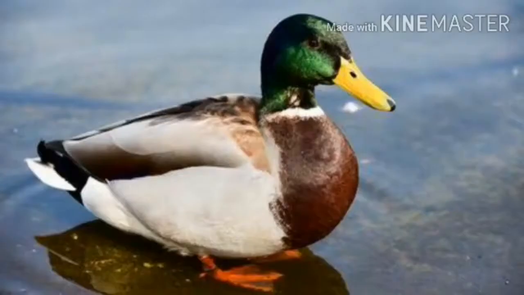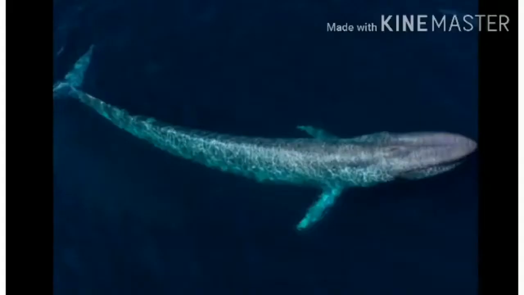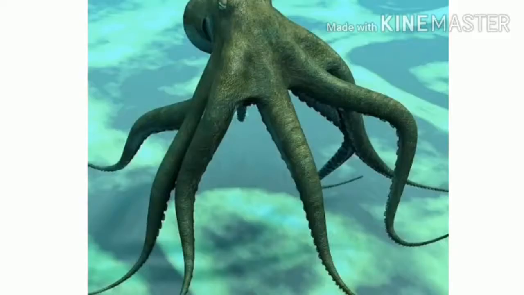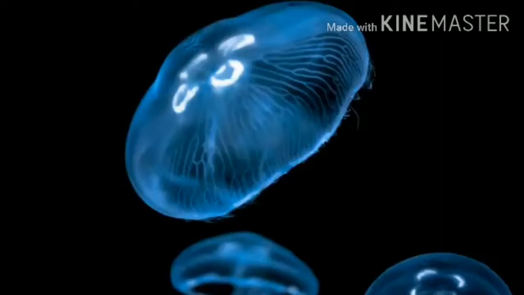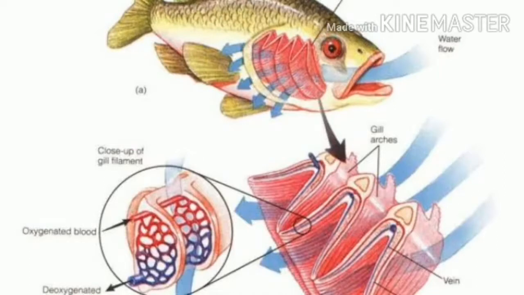Example, ducks, dolphins, whales, swans, octopus, jellyfish, sea hearts, etc. We humans cannot live in water, but they can because they have certain special features that help them live in water.